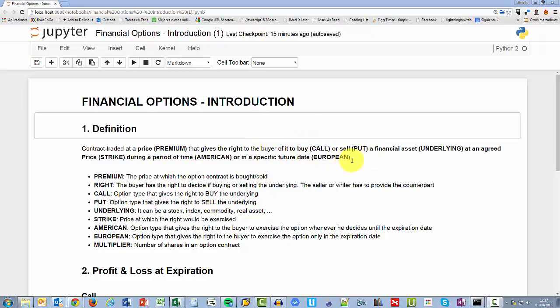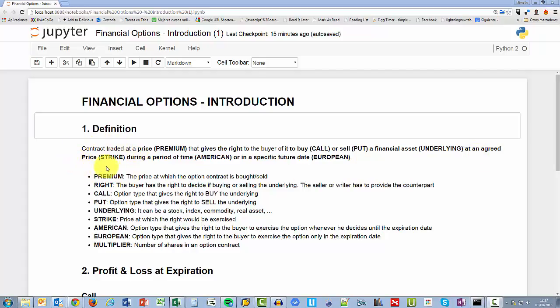These are two different types of options. Call, for the right of buying an underlying, that can be a security or any other financial asset, and put, that gives to the buyer the right of selling the same financial asset at an agreed price.